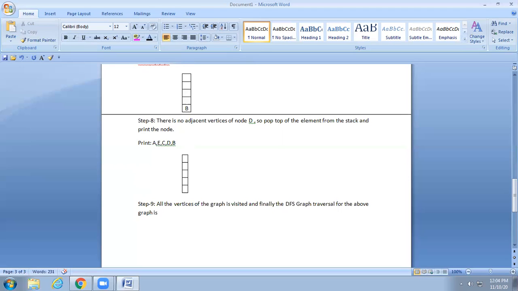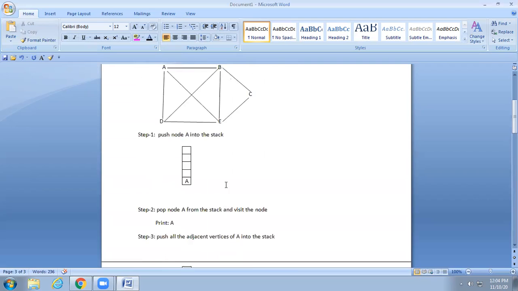So what is the final result? A, E, C, D, B. This is the final graph traversal for this graph.